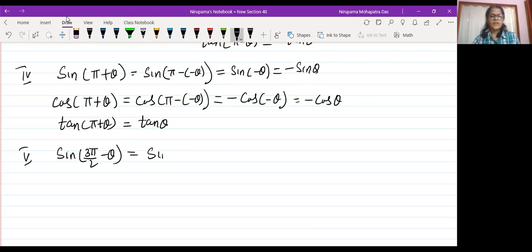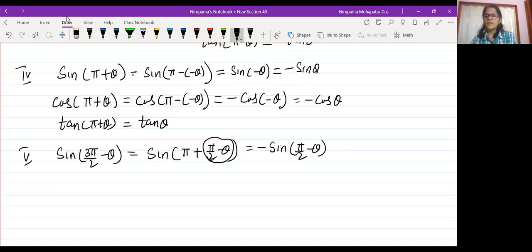Whenever you have sin(3pi/2 - theta), it is sin(pi + (pi/2 - theta)). Now sin(pi + theta) is minus sin theta, so I can write minus sin, and in place of theta we have pi/2 - theta. Sin(pi/2 - theta) is cos theta, so you are getting minus cos theta here. Our conclusion is sin(3pi/2 - theta) equals minus cos theta.